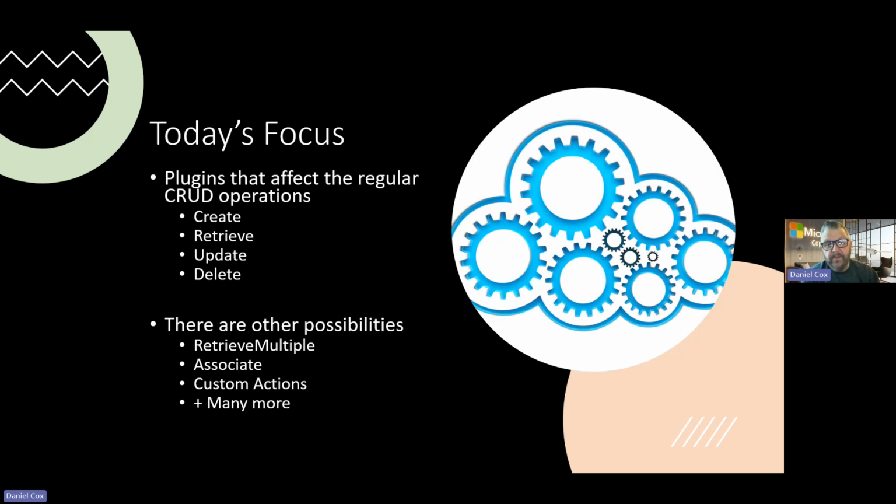If you wanted to associate 2 records, that is a separate message that might come into play as well. And then, of course, you can even create your own custom actions. So in the event that the out-of-the-box capabilities don't quite handle the ones that you're looking for, you have the ability to create your own as well. So lots of different capabilities there. We're only going to focus today on really the CRUD operations themselves.